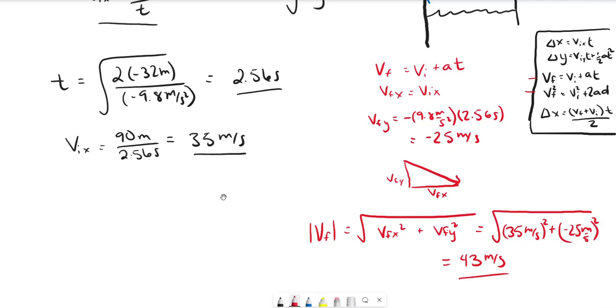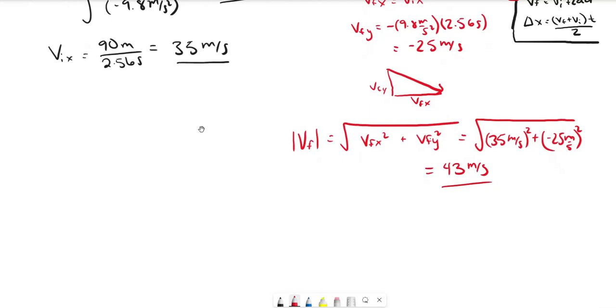Now, if we want to find the angle, again, we're just using trig. So we're looking for this angle here. So the x-axis would be up here, so that's going to be equal to this angle. All we have to do is use tangent of theta is equal to v f y over v f x.